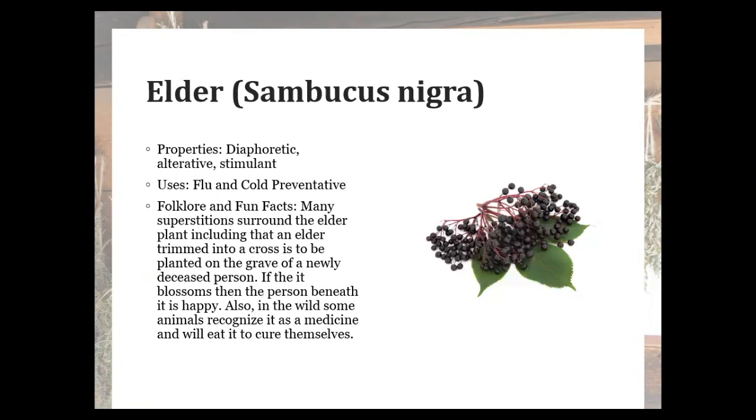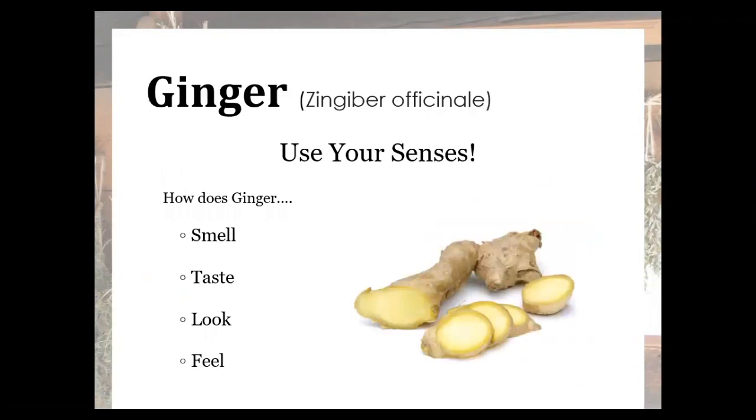So let's go ahead and go on to ginger. Ginger's botanical name is Zingiber officinale. And when we talk about ginger, the smell and taste are probably its most prominent features. It has a very spicy, warm smell and taste.